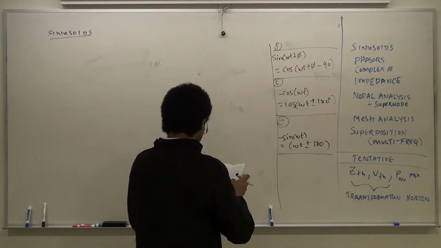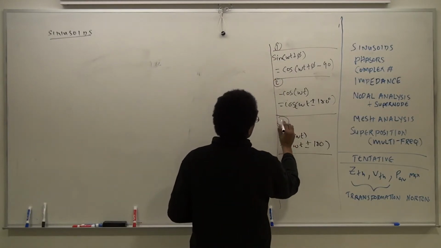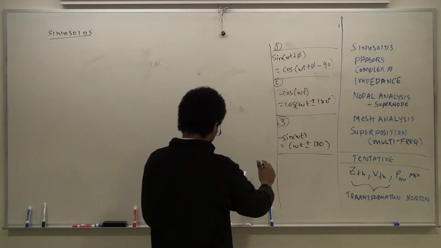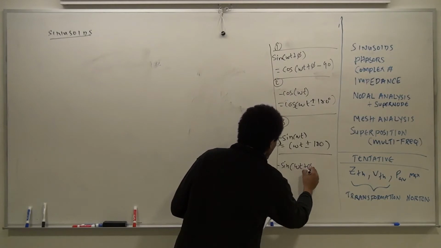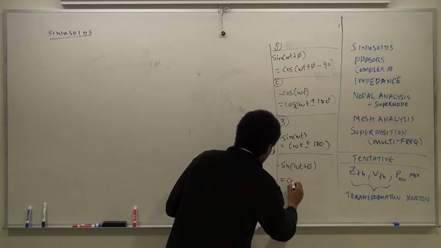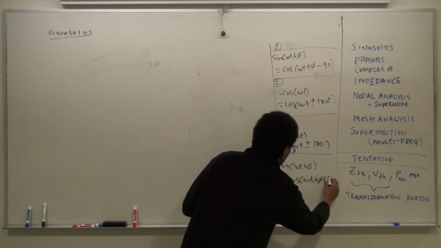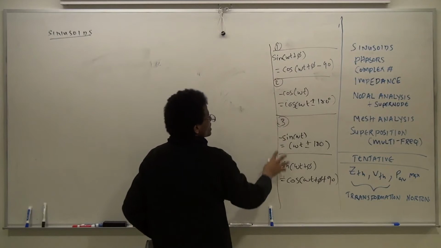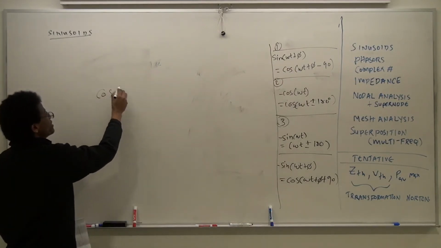Let's call this 3 to be consistent. If you use 1 and 3, you can derive negative sine(WT plus phi) is equal to cos(WT plus phi plus 90 degrees).